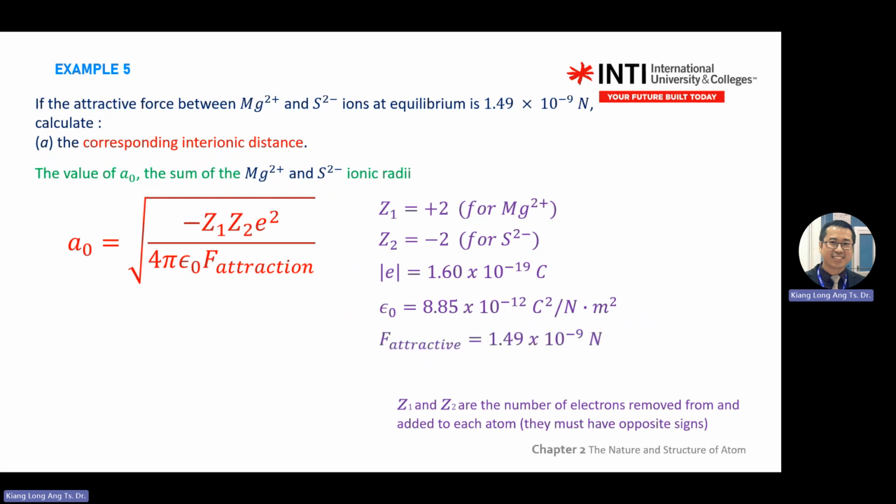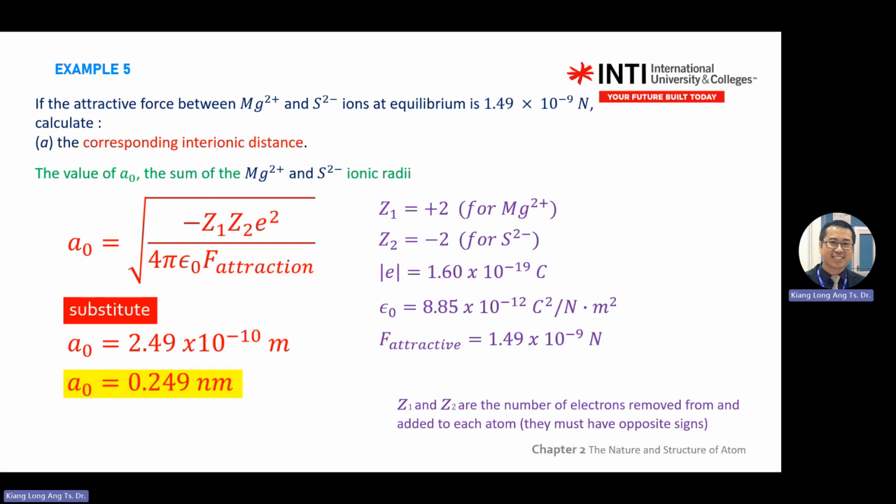The attractive force was given as a positive value. Then the rest you substitute and rearrange. You arrive at one answer, A0 equal to so and so. Once you have this A0, sorry, there's a typo error here.